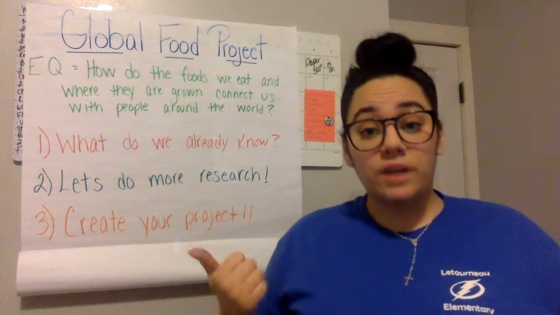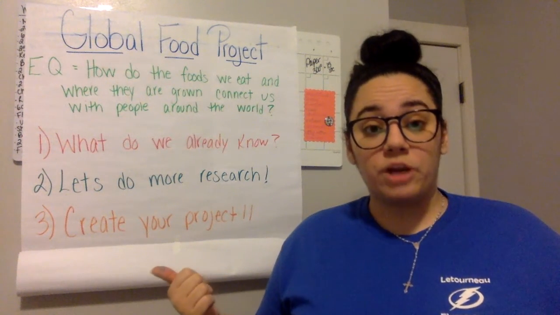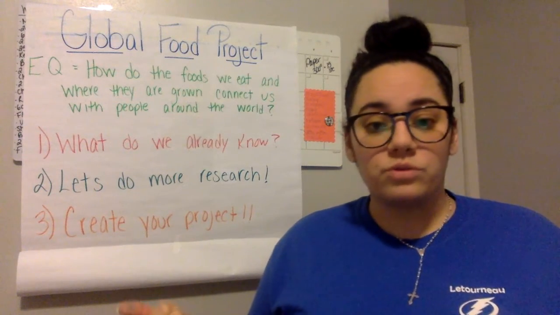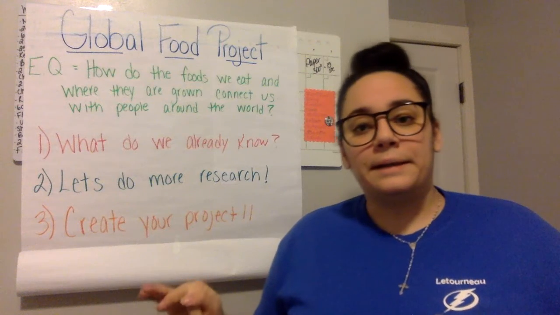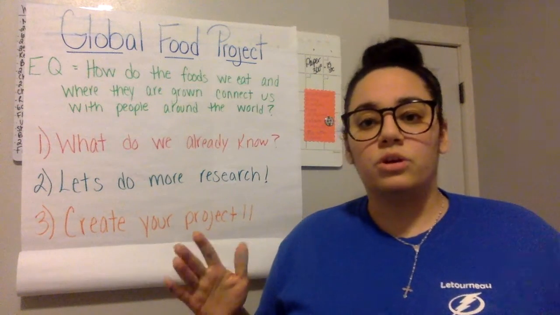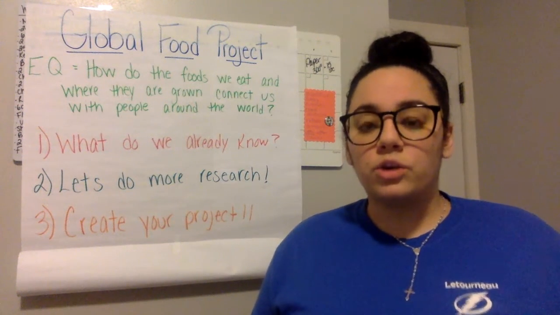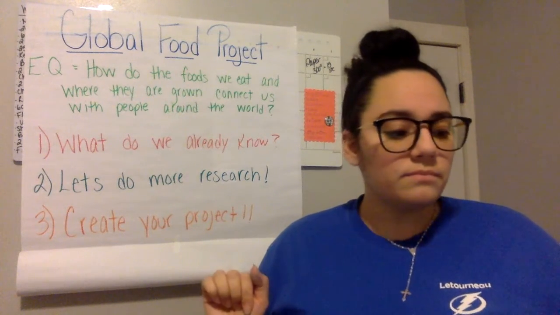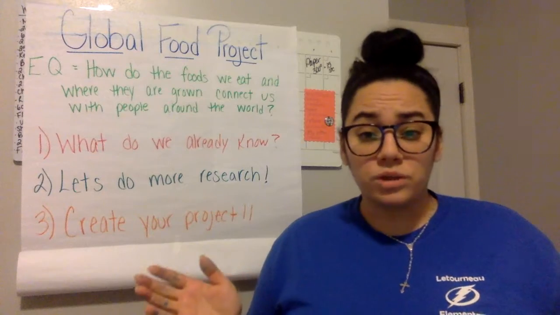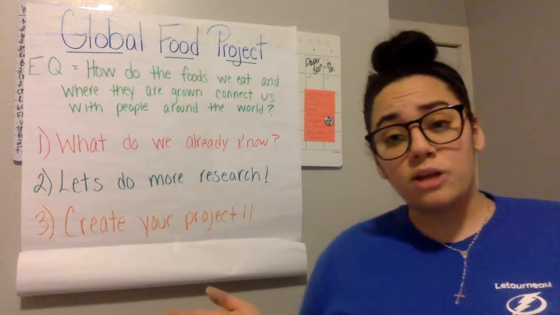Pretty sweet. We've done a brochure before when we did our Fall River project, so you already know how to do one of those. We've done a PowerPoint before when we did our project on Native Americans, so you're familiar with using your Google Slides. You can use it through your Google Classroom. You can also make a poster. We've done that too when we did our state symbols project.